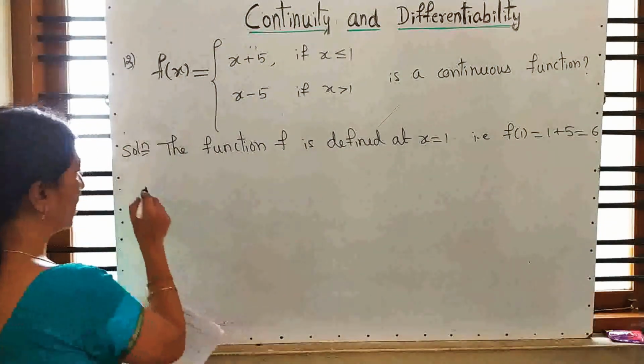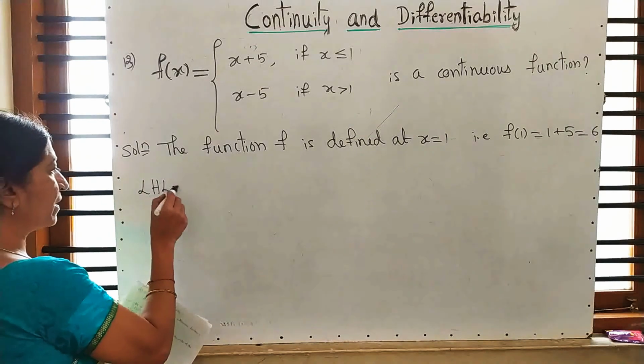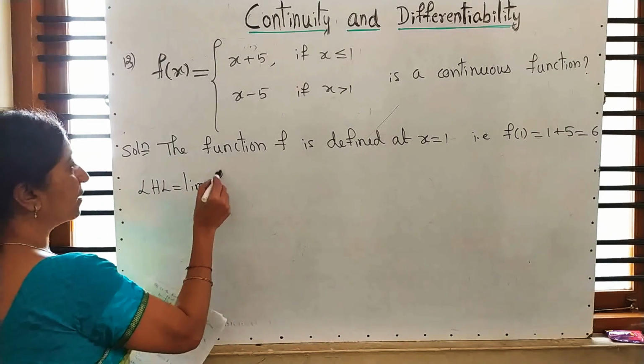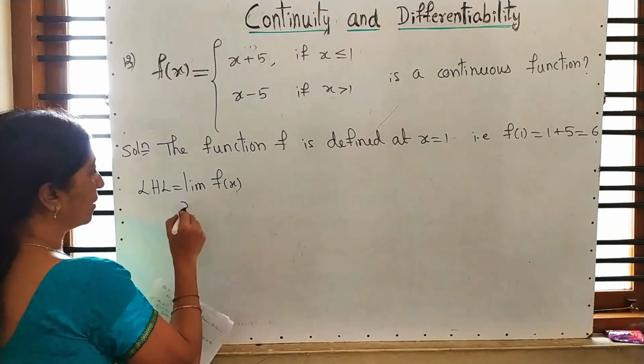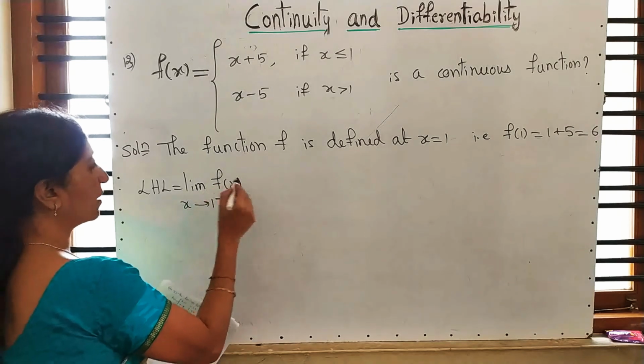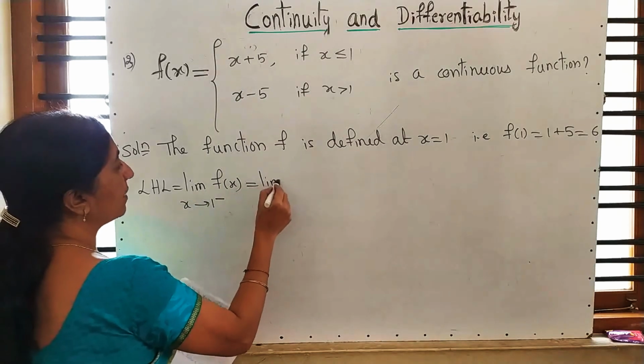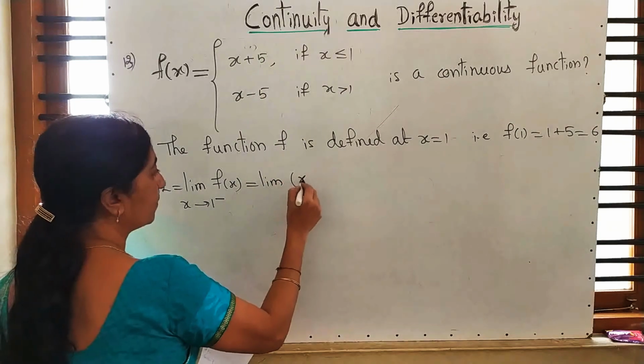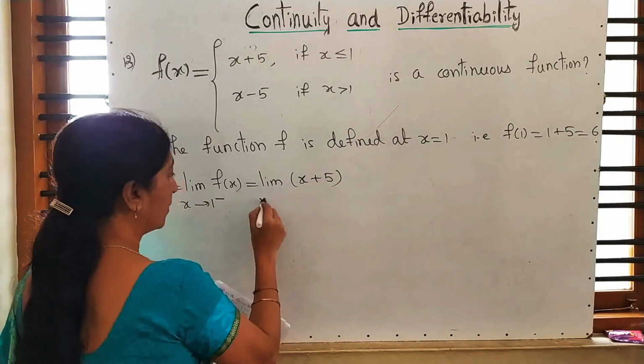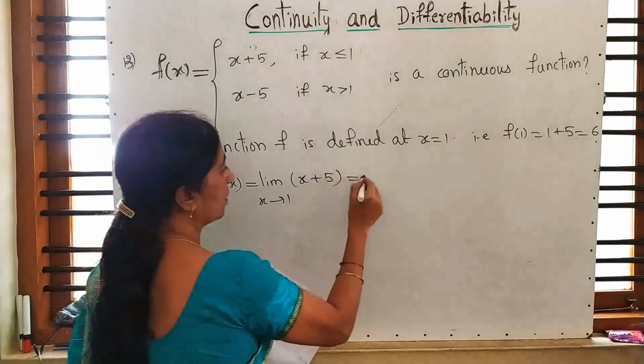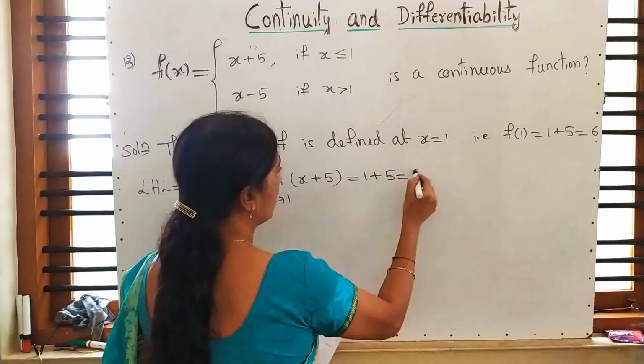Now we have to write the left hand limit. Limit f of x as x tends to 1 minus, we have to select the first one. x plus 5, x tends to 1, it is 1 plus 5 is 6.